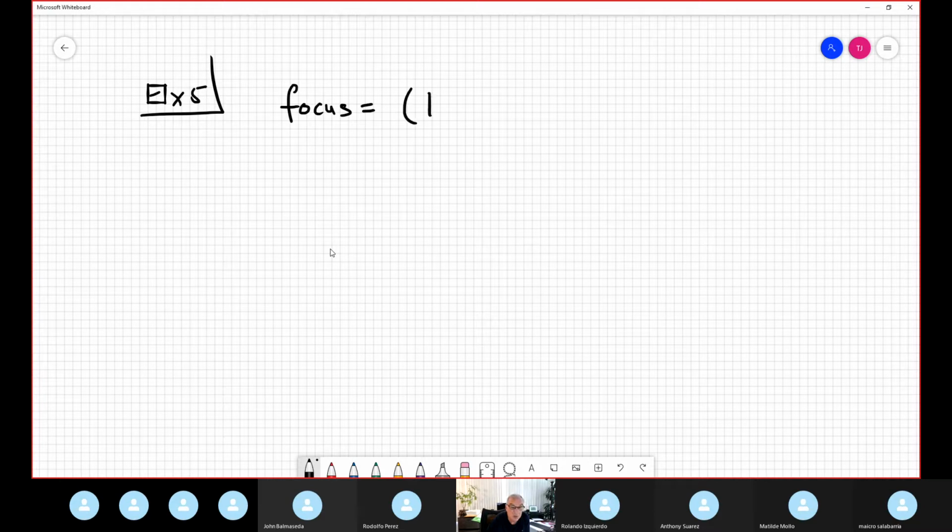The focus is located at 1,2, and the directrix line is the line x equals 7. Okay, by the way, it is a vertical line.